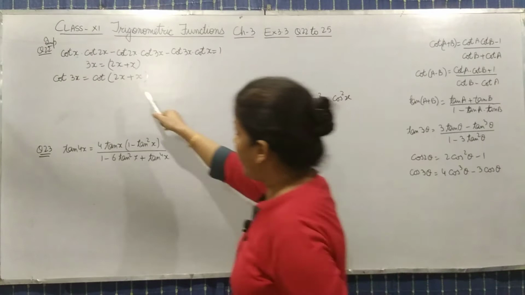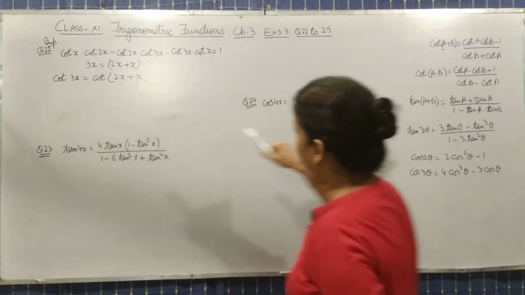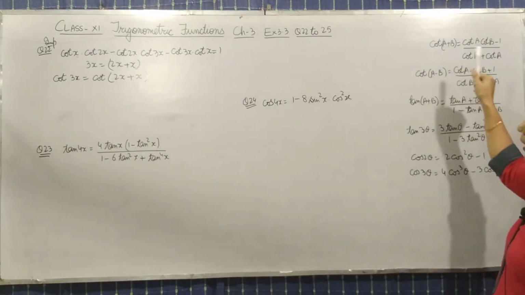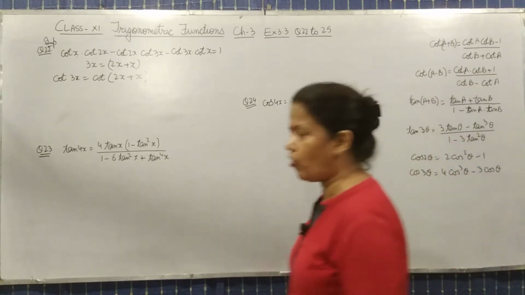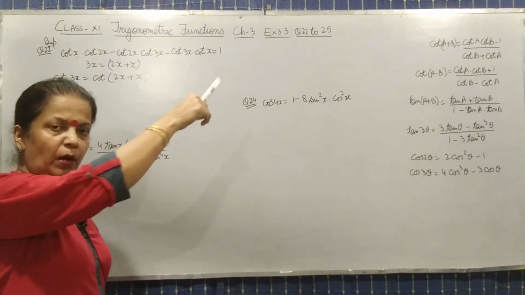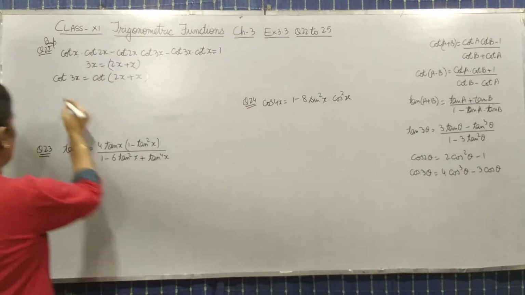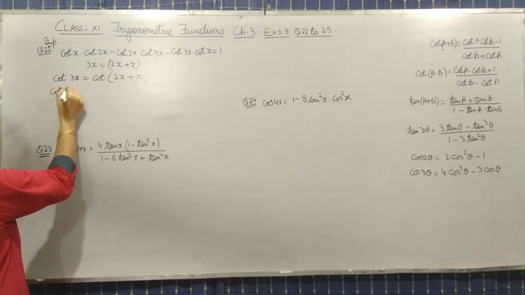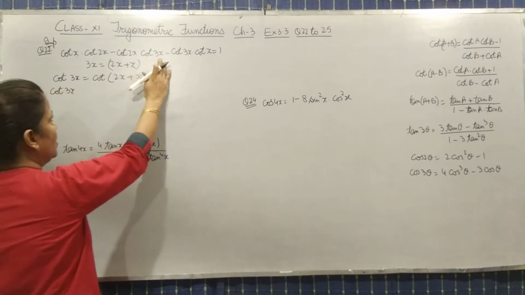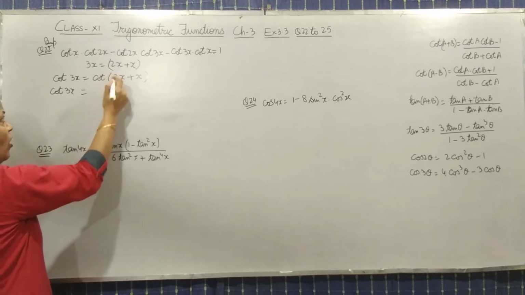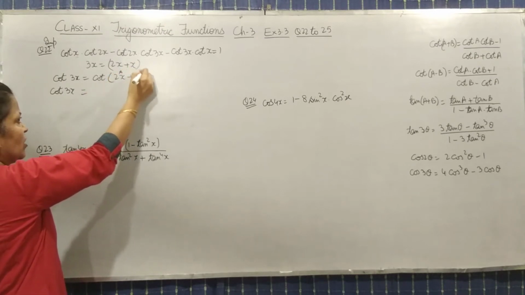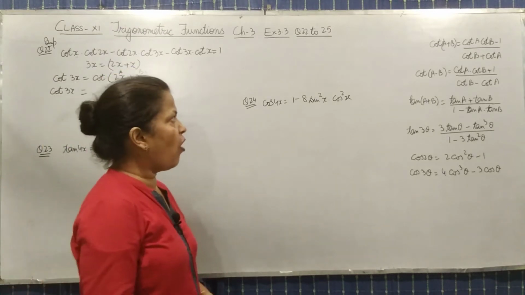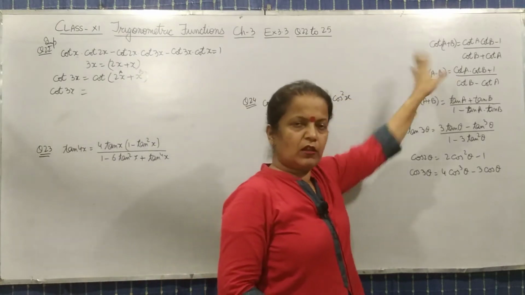Now apply the formula here: cot(A plus B) is (cot A cot B minus 1) upon (cot B plus cot A). Keep cot 3x as it is because we need it. Here this is A and this is B.